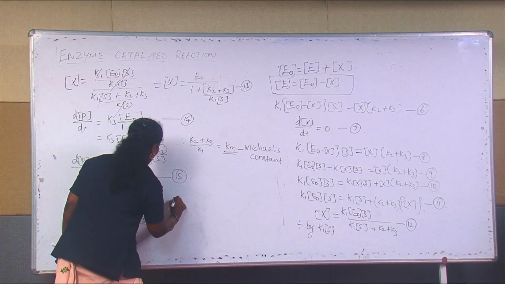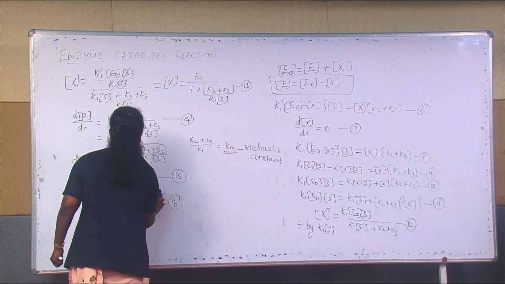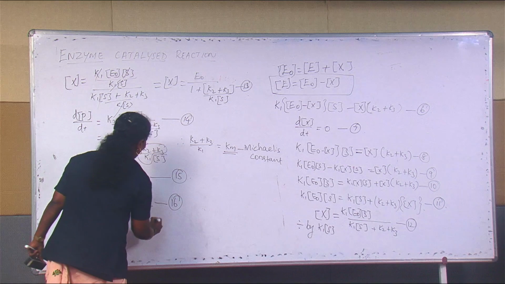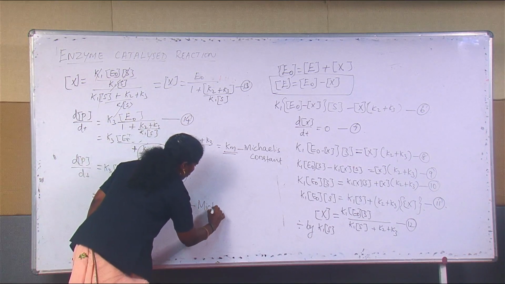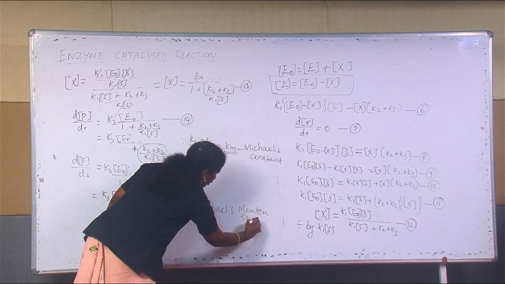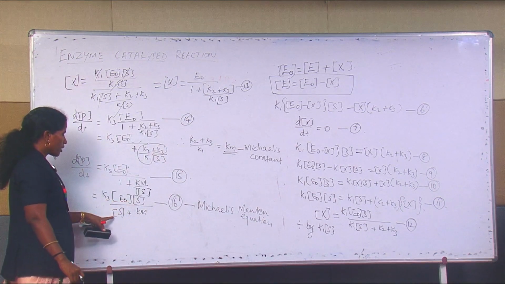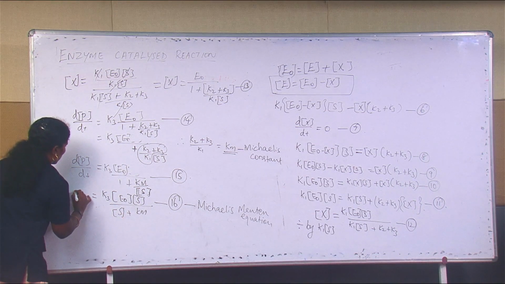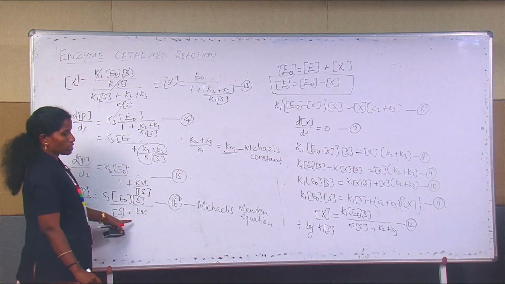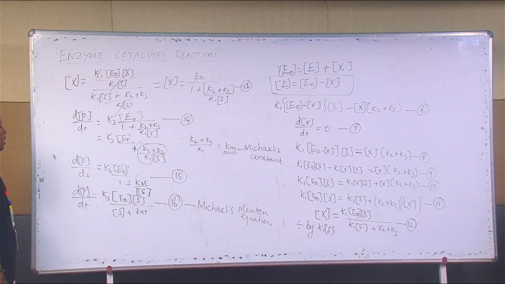So this equation number 16 is known as the Michaelis Menten equation. So dP by dt equal to K3 E0S divided by S plus Km. So Km is the Michaelis Menten constant.